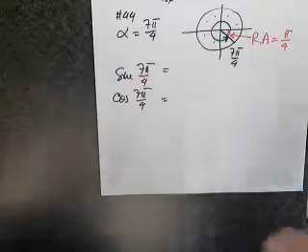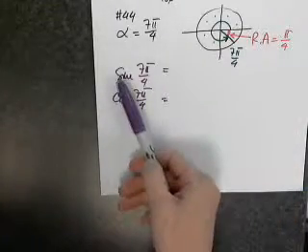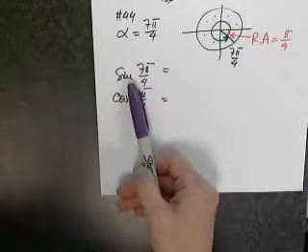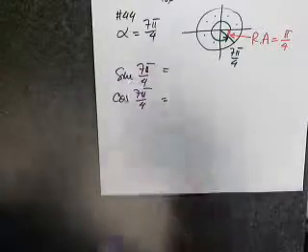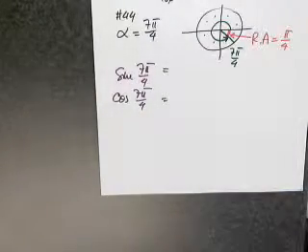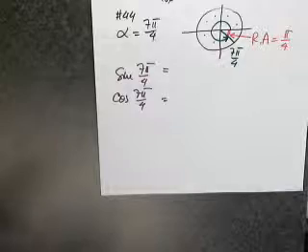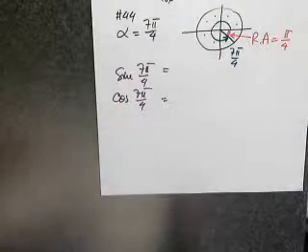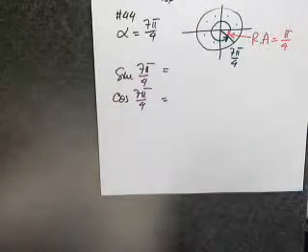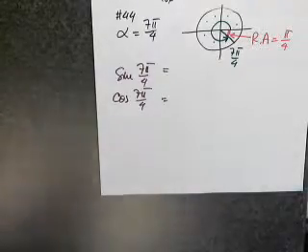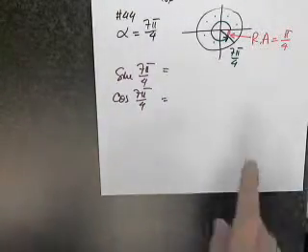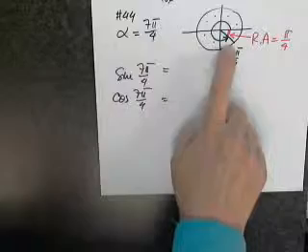Now, first question is about sine. I need to remember where is sine positive. First of all, where do we measure sine? That's the first question. On the y-axis. So where is sine positive and where is sine negative? Positive, top, and negative, bottom. So it will be a negative answer, correct?